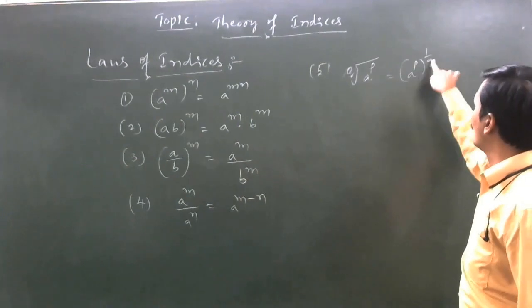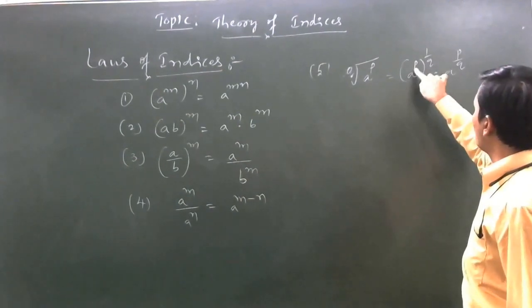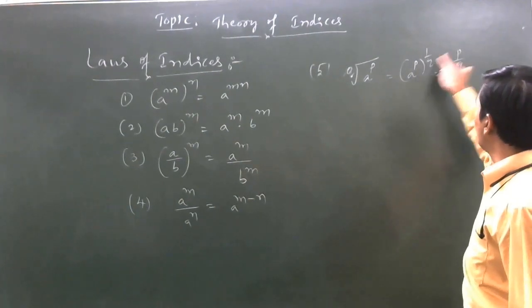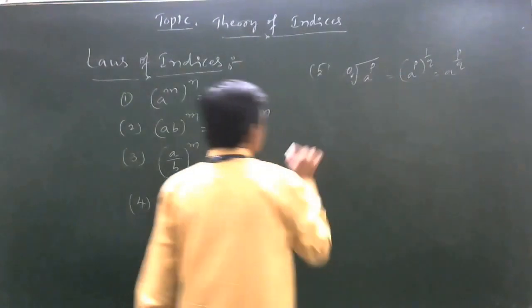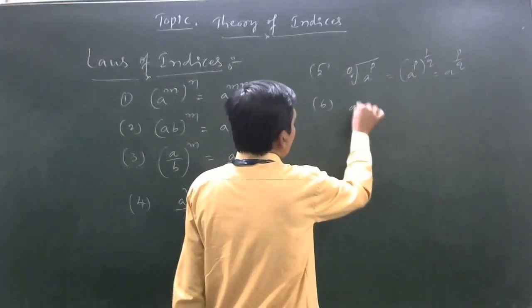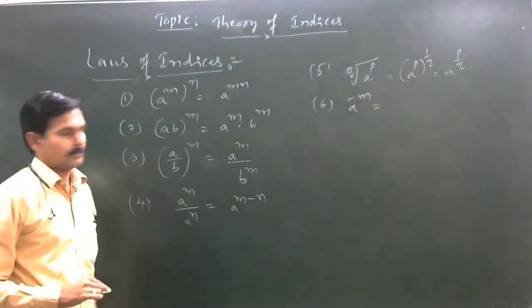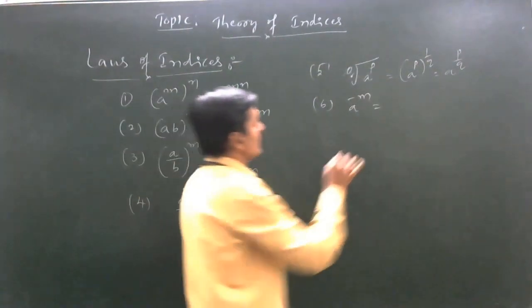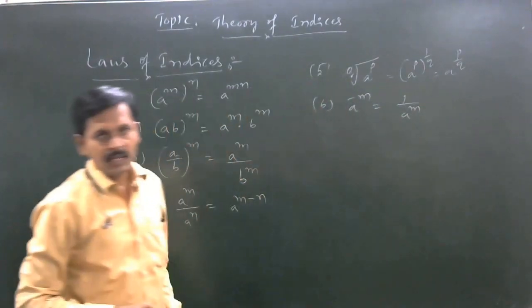Applying a power m whole power n equals a to the power of m into n, it is equal to a power p by q. The sixth one is a to the power of minus m, which can be written as 1 by a power m.